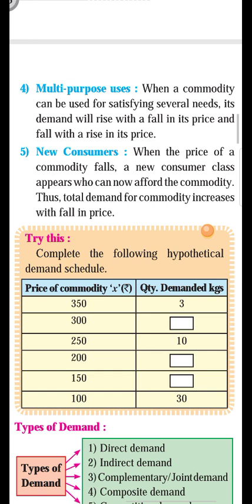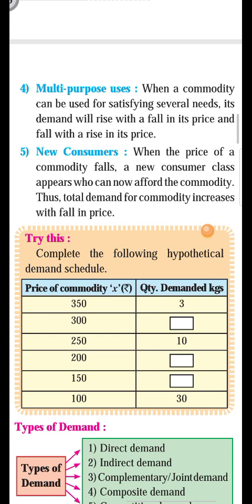When the price of the commodity falls, a new consumer class appears who can now afford the commodity. New consumers are different from the consumers already in the market, the daily purchasing consumers, who know about the market price.